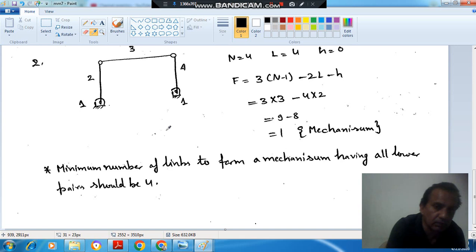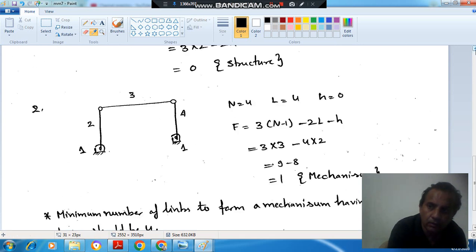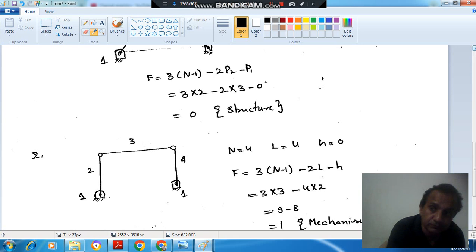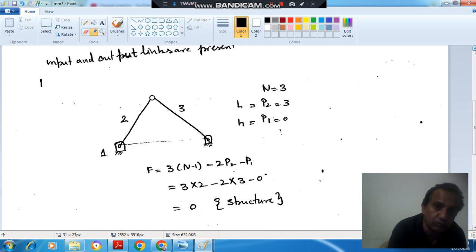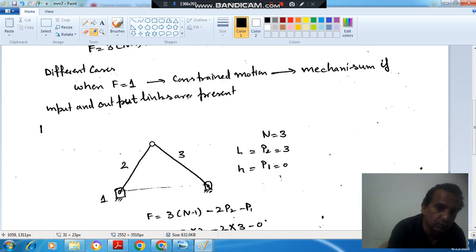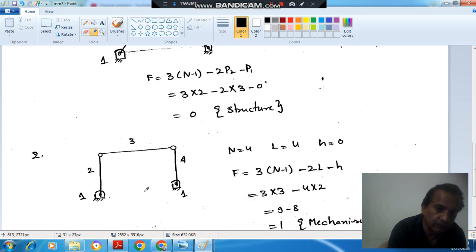For a mechanism to exist, there should be input as well as output. Here we can have input and output, but the degree of freedom is 0. Here we have input and output, and the degree of freedom is 1. So that's why this is a mechanism.